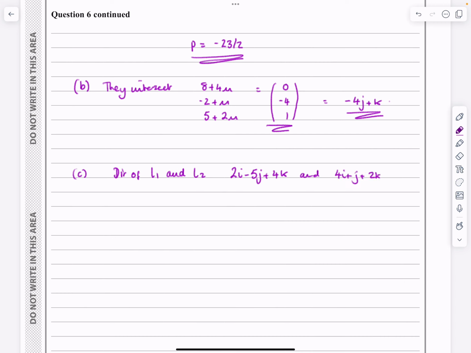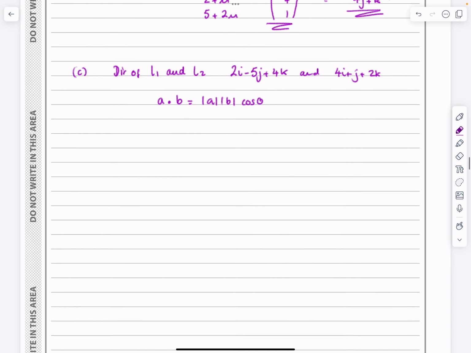So if I'm going to do that dot product business, A dot B is equal to modulus A modulus B cos theta. So A dot B is going to be 2i minus 5j plus 4k dotted with 4i plus j plus 2k.